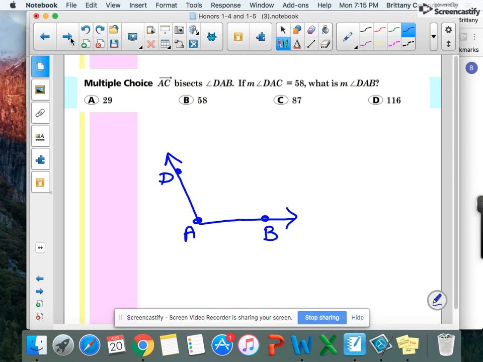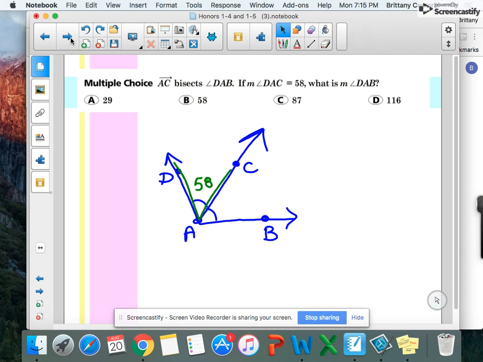Then it says that AC bisects DAB. So that means we've got a point C here in the interior, and the ray AC is going to cut right through it. Bisect, remember, means cut in half. So that means those two angles there are going to be congruent. And then we're going to label the picture. So we've got DAC, that is this angle right here. That equals 58.